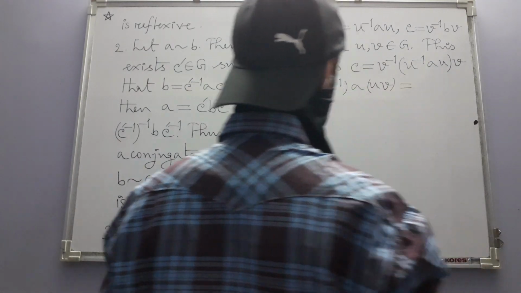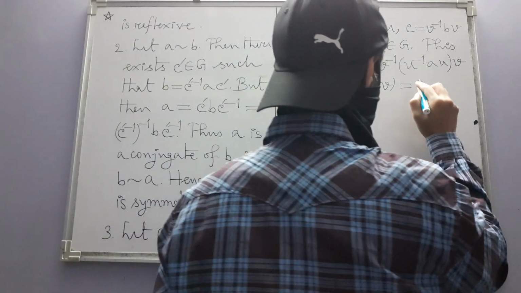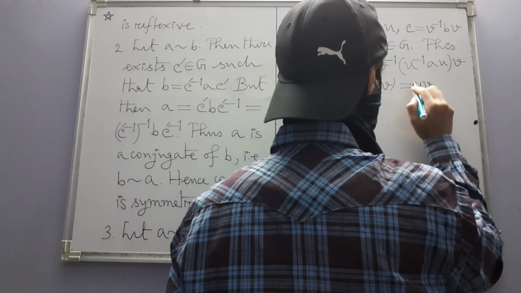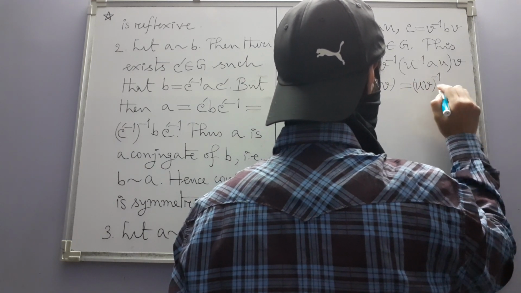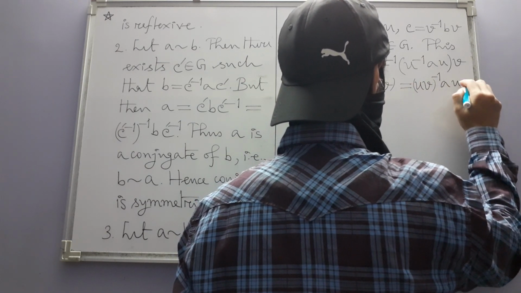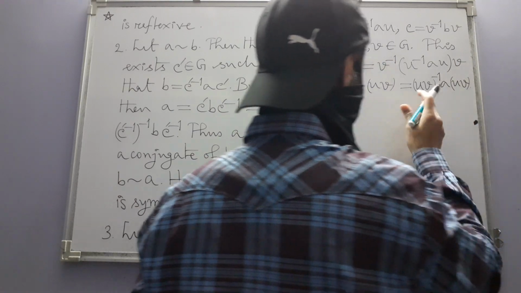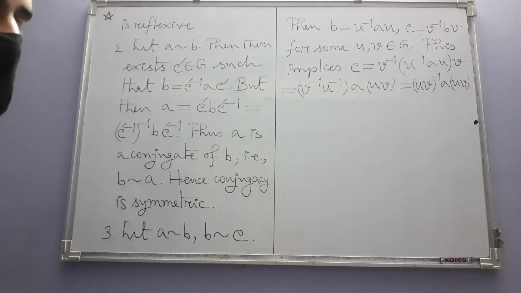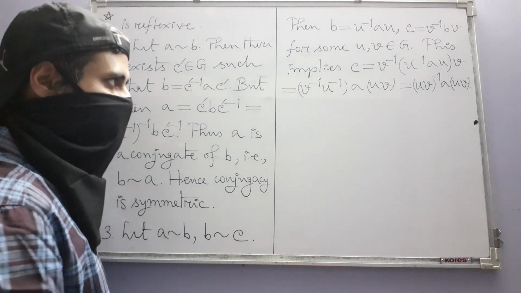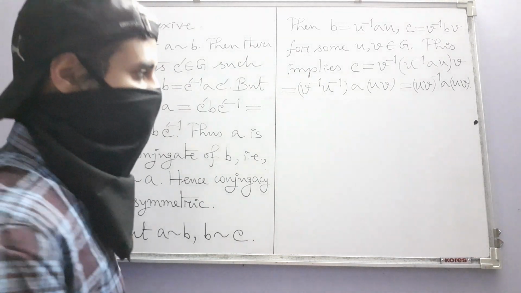Now V inverse U inverse, we already know, is the inverse of UV. So again the desired form has appeared: something inverse times A times that thing.